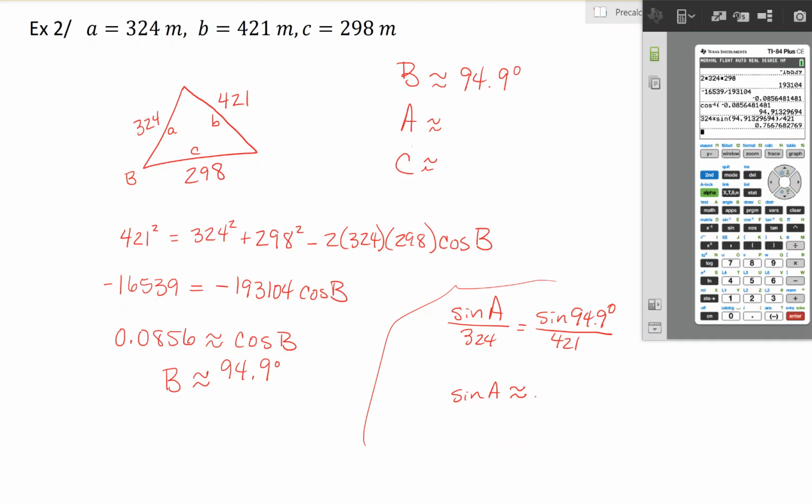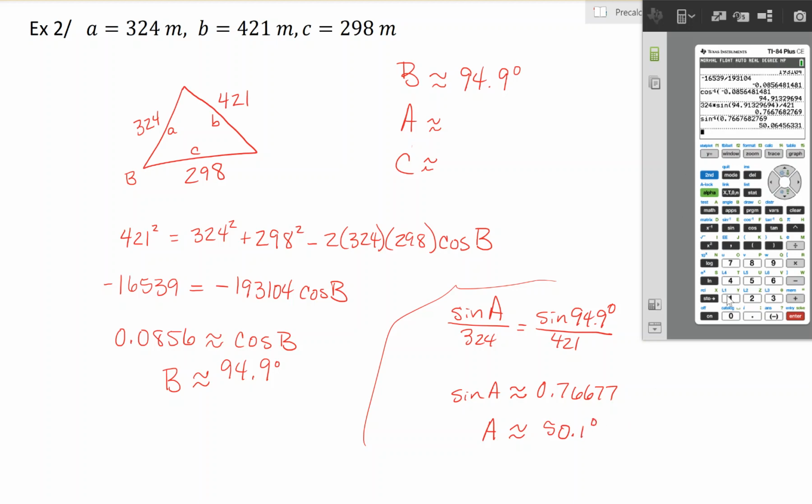and we get 0.76677, and let's take the inverse sine of that, giving me A is approximately 50.1 degrees.